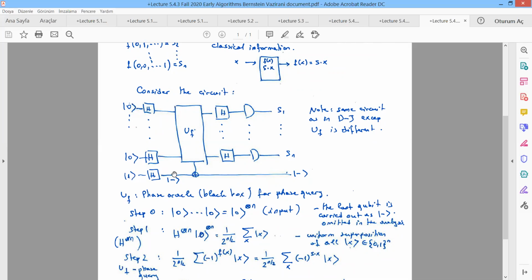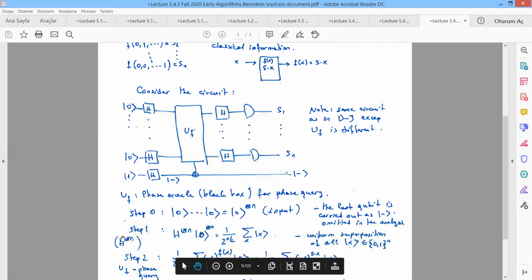Since it's a phase query, the ancilla bit is ket 1, but I'm going to neglect this because it's carried all the way to the output as ket minus, a tensored ket minus. Just for a clear expression, not to complicate things unnecessarily, I'm omitting it, but you can assume the tensored ket minus state is carried along.